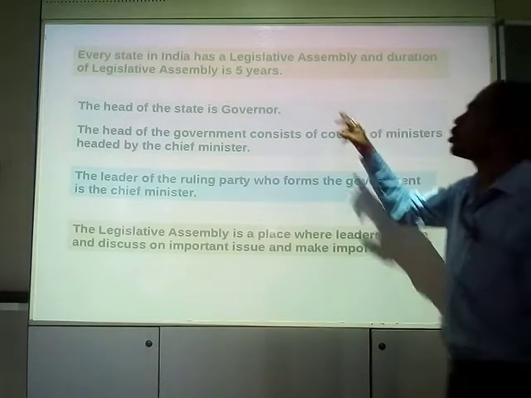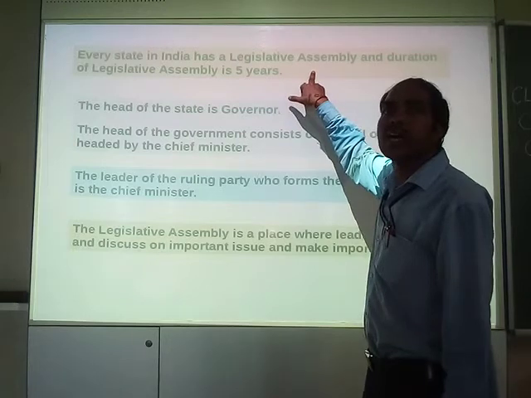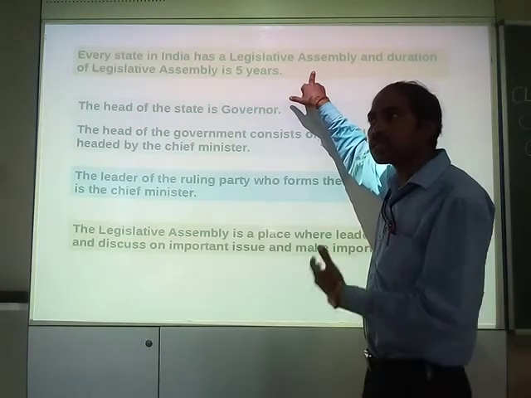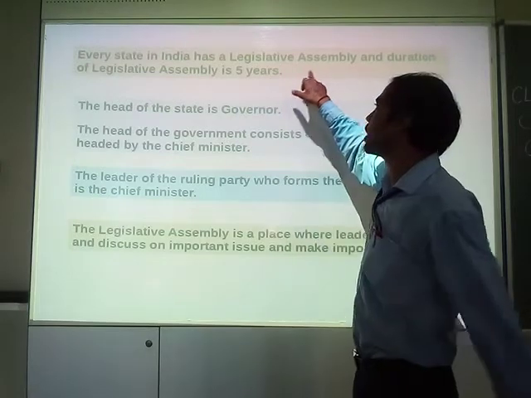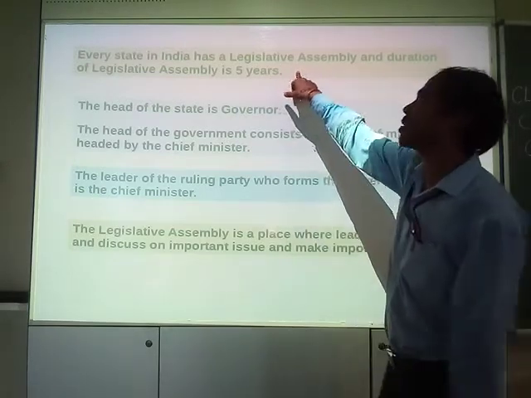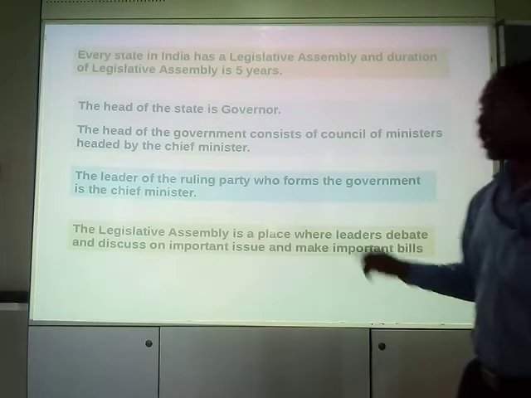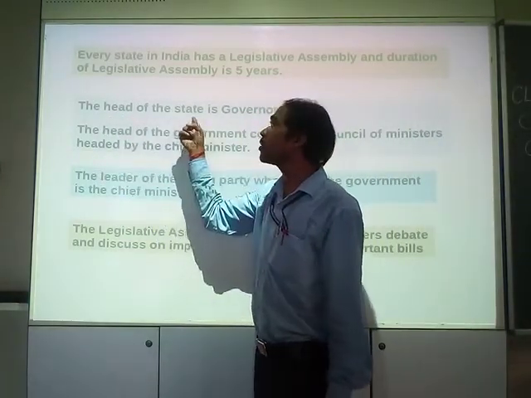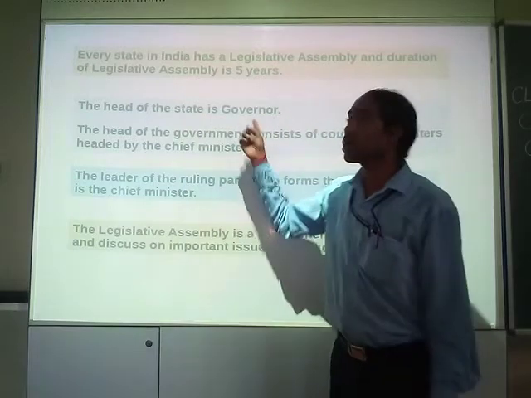Yes. So every state in India, whether it is a southern, northern, eastern or western state, has a legislative assembly. Always remember. Now the thing that is very important is the head of the state is governor.